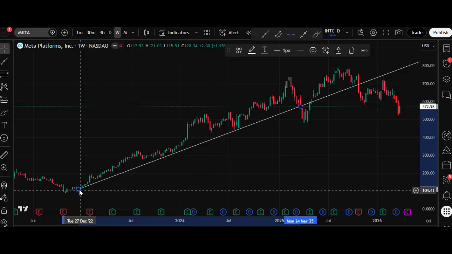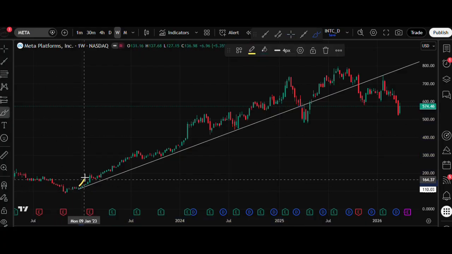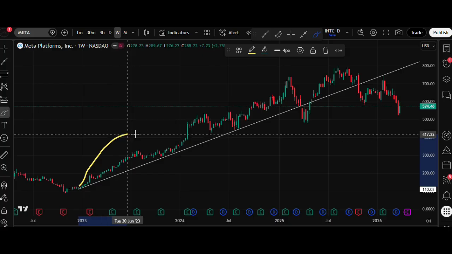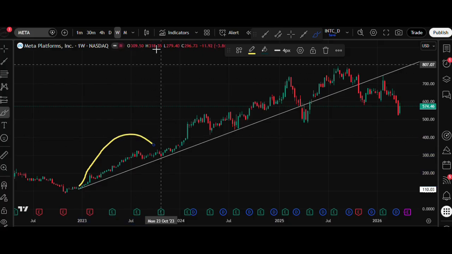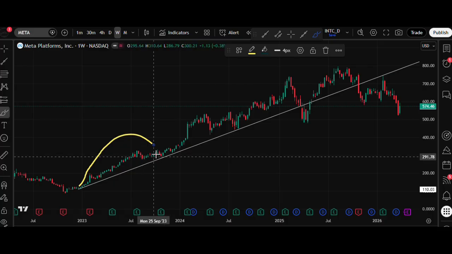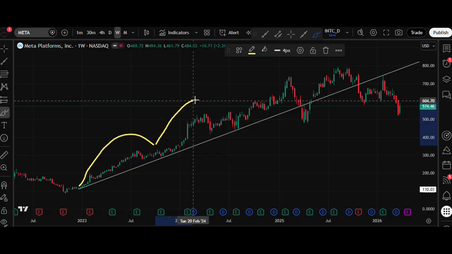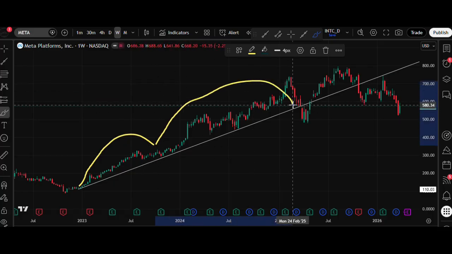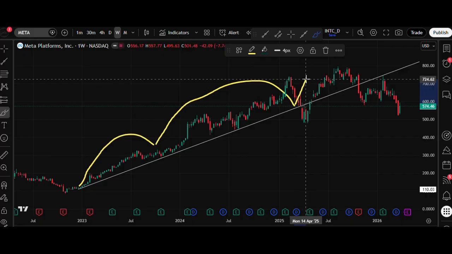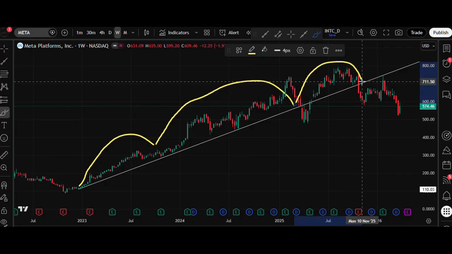So what happened is the chart started moving like this and bounced once. Then the chart continued to move up, up, up, and bounced again. Then the chart moved again, and the third time it bounced, the support was breached.